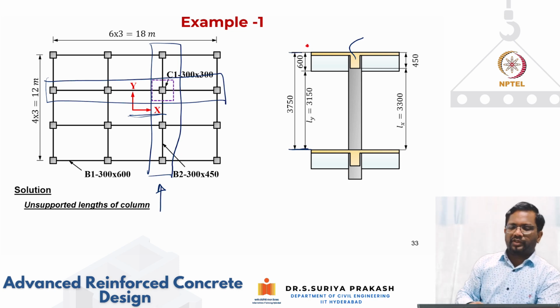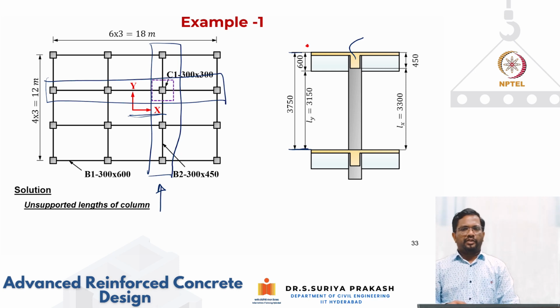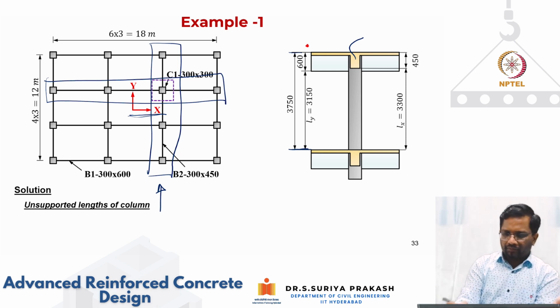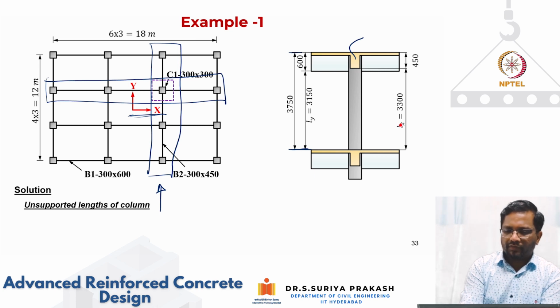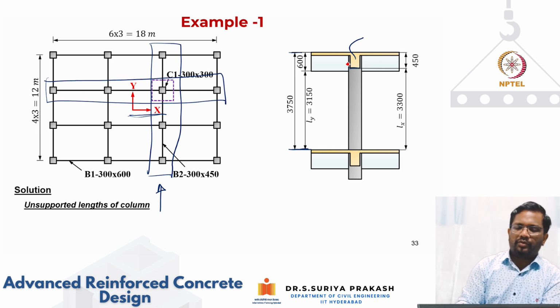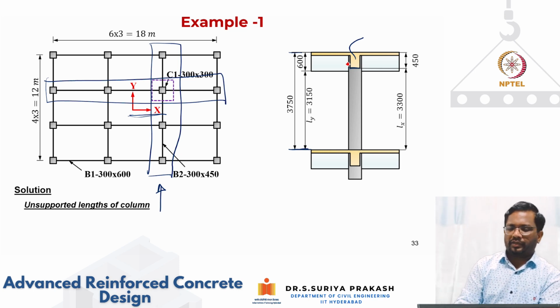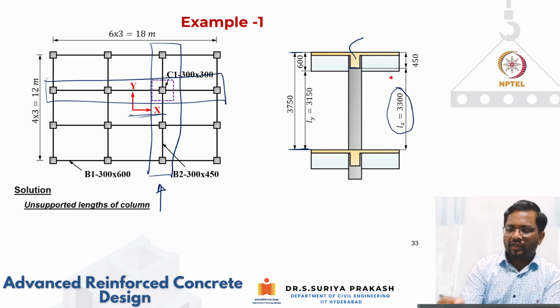The unsupported length for bending about the x axis is 3750 minus 450, so Lx will become 3300.